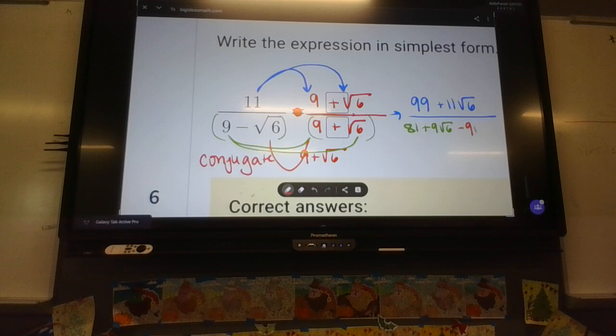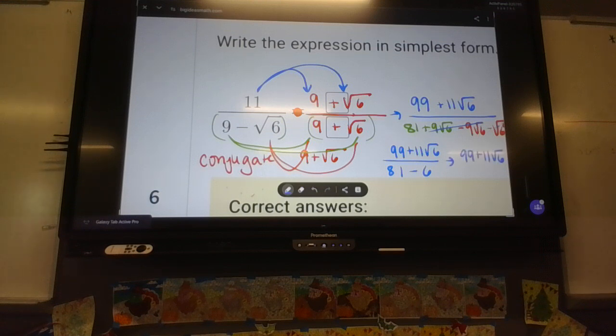Minus 9 square root 6, minus the square root of 6 squared. So the middle cancels. The square root of 6 squared is just 6.